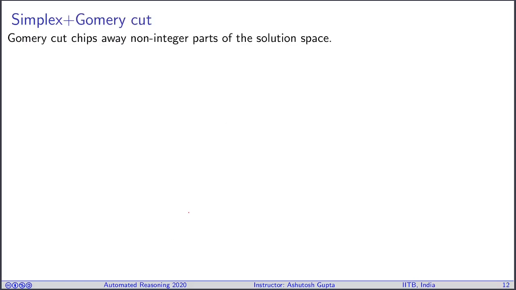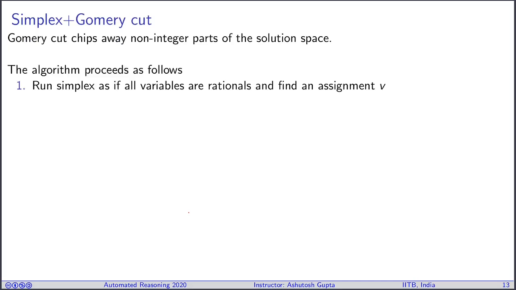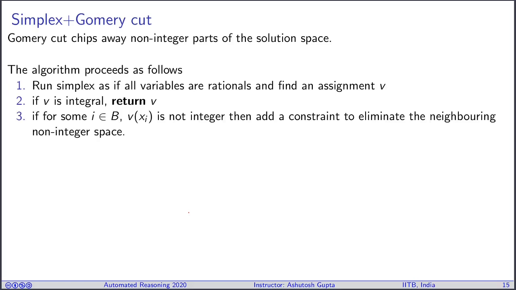The Gomory cut chips away non-integral parts of the solution space, as I have described, and how it does it is that it runs simplex over the rationals and finds an assignment V. If V is integral, then we return the answer. If V is not integral, then for some basic variable xi, the value is not an integer.